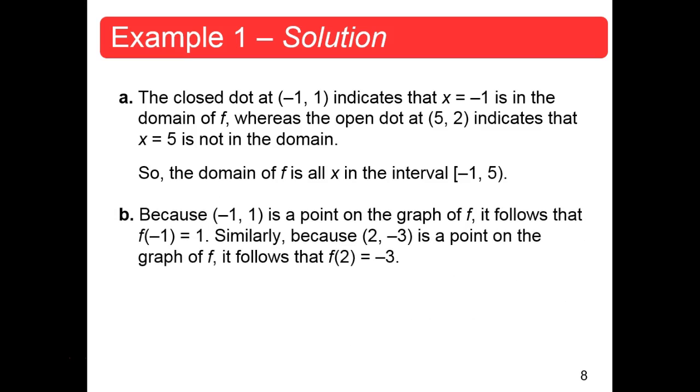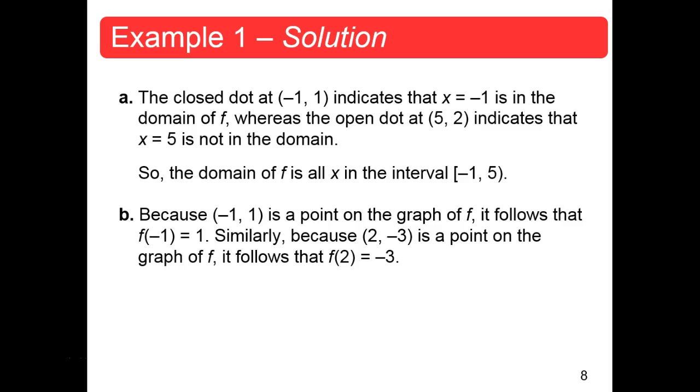Okay? Second, because minus 1, 1 is a point on the graph, it follows when x is minus 1, f is 1. That's what that stands for. So that's its value. Similarly, because 2, negative 3 is a point on the graph, and x is 2, y is negative 3. F of 2 is negative 3.